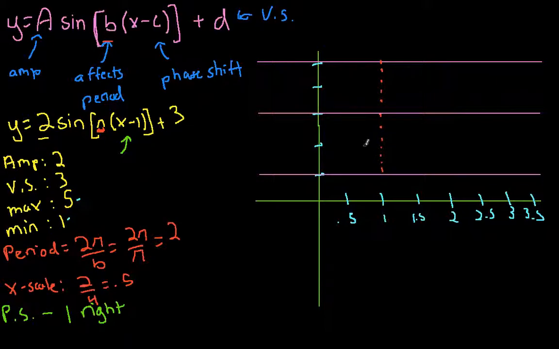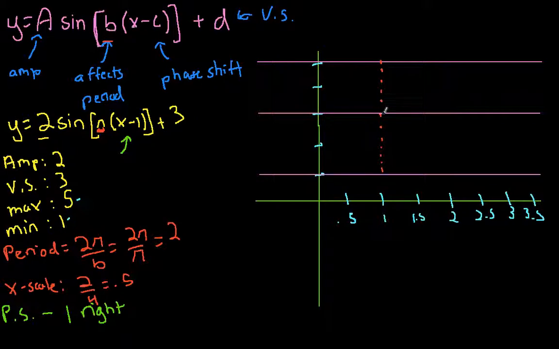Now, what am I to do with that dotted line? With that dotted line, I'm going to start there instead of starting on the y-axis. In the previous examples, if I had sine, I started in the middle of my 3 pink lines, on the y-axis. Well, I'm still going to start on the middle of my 3 pink lines here, but instead of starting on the y-axis, I'm going to start on this vertical line that I have just drawn.